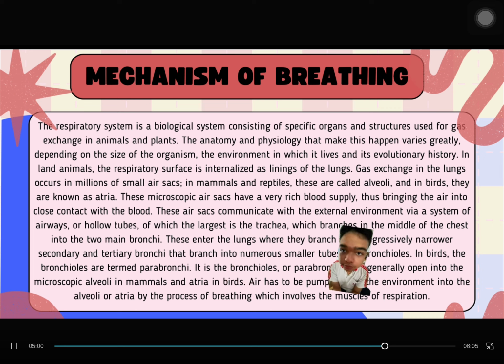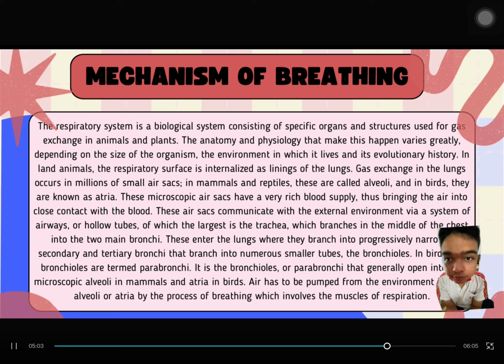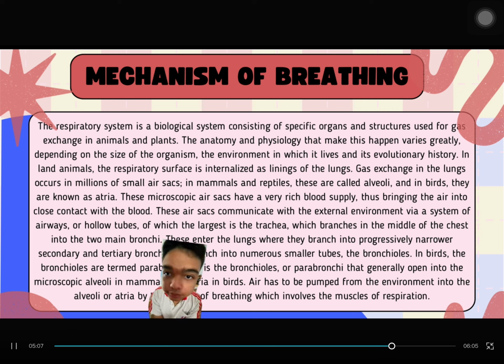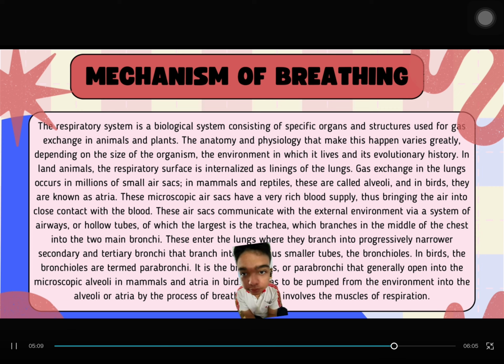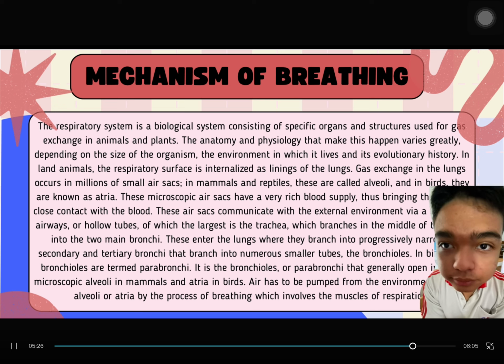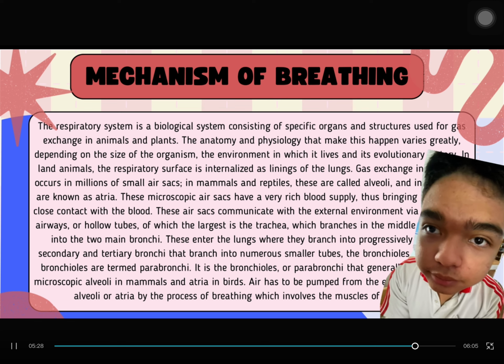The trachea branches in the middle of the chest into the two main bronchi. These enter the lungs, where they branch into progressively narrower secondary and tertiary bronchi that branch into numerous smaller tubes, the bronchioles. In birds, the bronchioles are termed parabronchi.